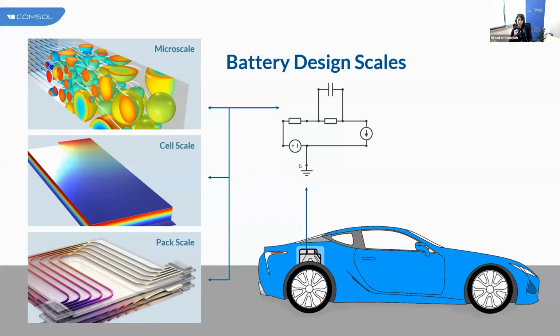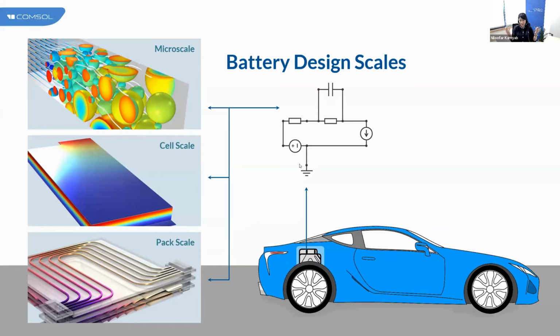What we see on this slide are different scales. We see micro scales, we see cell scales, and we see package scales. So we either want a detailed analysis of the structural details of all the components in our cells, or we want to zoom out a little bit and look at the cell.